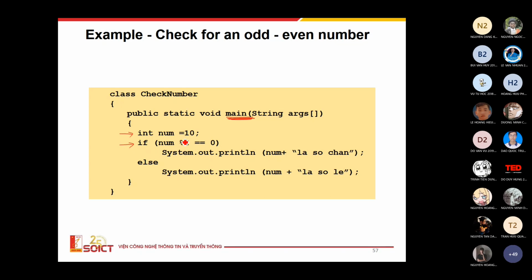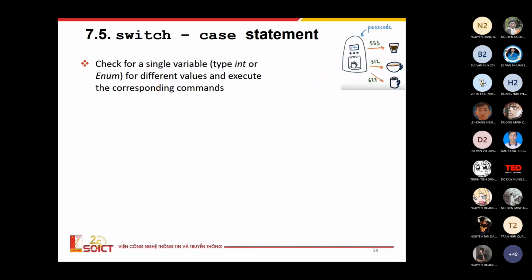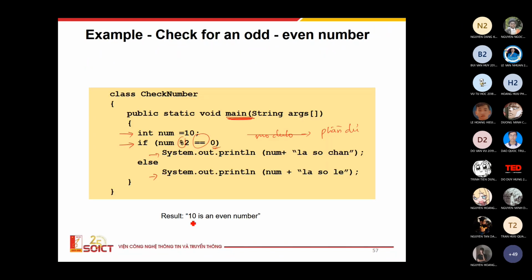You check the modulo, that means the remainder of a division. And you check whether the modulo is equal to 0. And then you will print out the output. Okay. I think we cannot run this because we don't have enough time. For this, you will see the result.